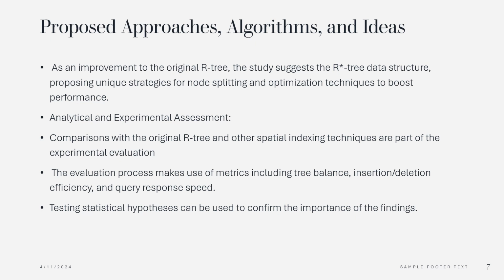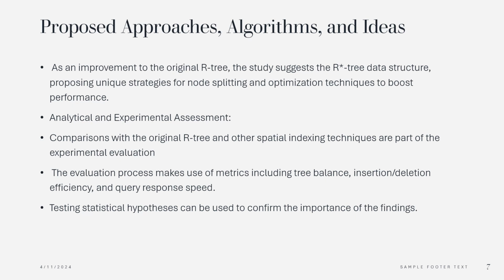The speed is nothing but the query response speed, the speed at which the query will run. And statistical hypothesis testing can be used to confirm the importance of the findings, which means we are going to use statistical analysis.